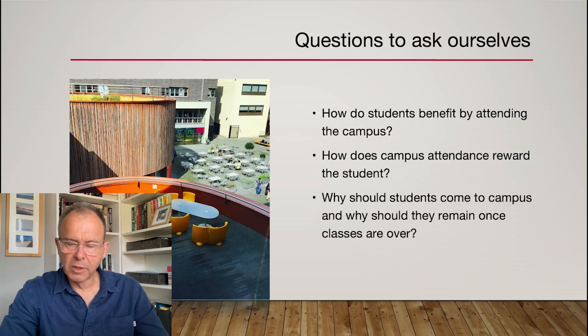So, questions to ask ourselves. Many university staff often assume that today's students share similar experiences to their own time in higher education. However, this is not really the case. Generational shifts, particularly in how students use mobile technology and how they're having to balance academic, personal, and social responsibilities, sometimes called the life load, really do highlight the significant differences in how students today learn and interact with their peers and engage with their academics.